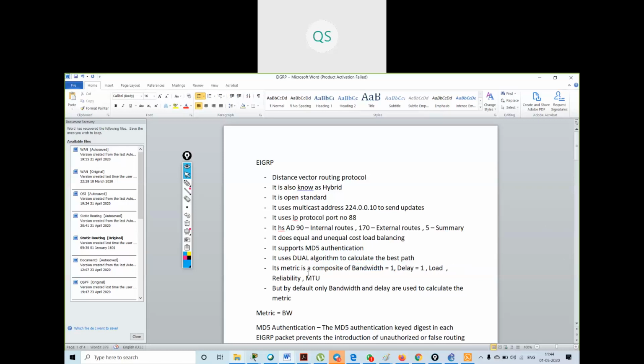Maximum hop count can be 255, maximum 255 routers.